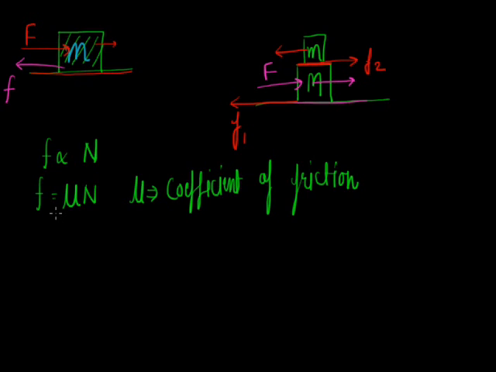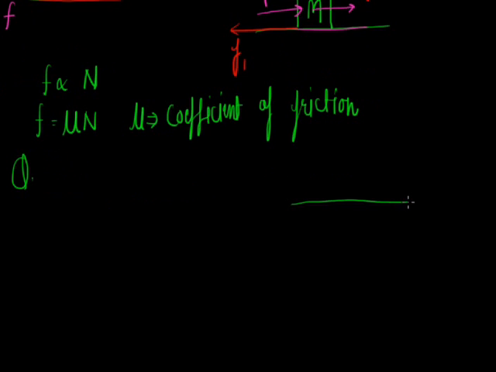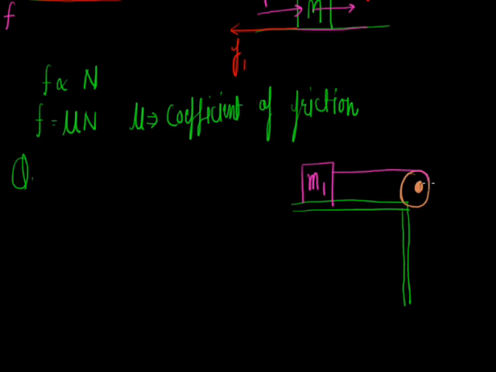Now we are going to solve the same problems as we have done in the last classes, but now we will consider the friction forces between surfaces. Suppose the first example is here: a table surface and a pulley attached at the corner, and a block is placed on the surface having mass m1, and through a string over the pulley another block of mass m2 is attached.